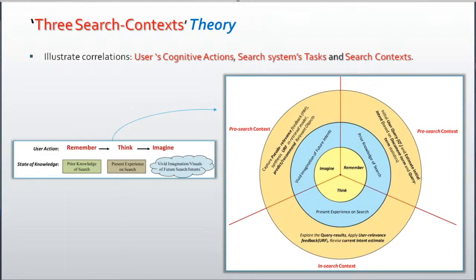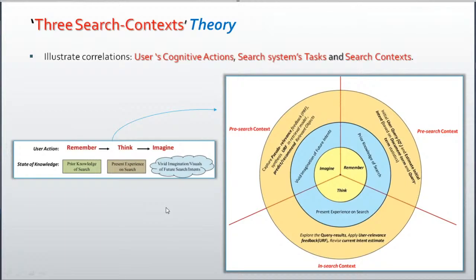How will the information flow from pre-search to in search? How will in search be able to draw the new result sets? Relating these three search contexts is a typical challenge which we have faced, but somehow we have clearly identified the boundaries between these three contexts.